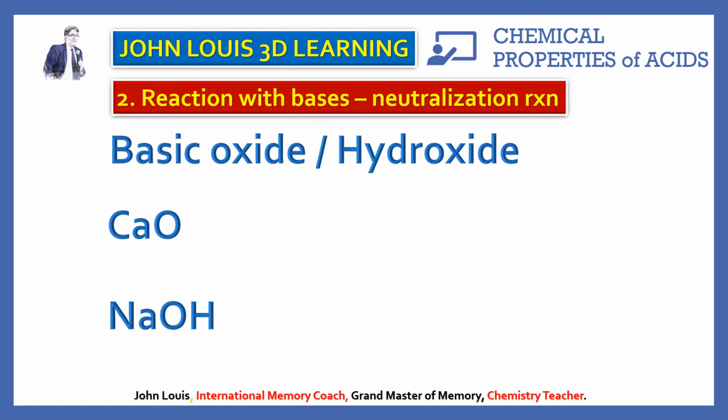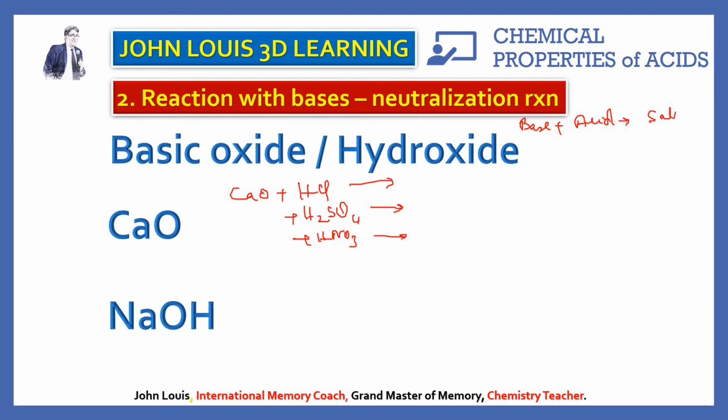They can react with any acid, for example hydrochloric acid, sulfuric acid, or nitric acid. So you can easily predict the product: basically, in a neutralization reaction, base plus acid will give a salt and water, H2O.